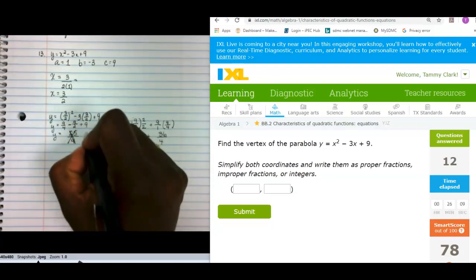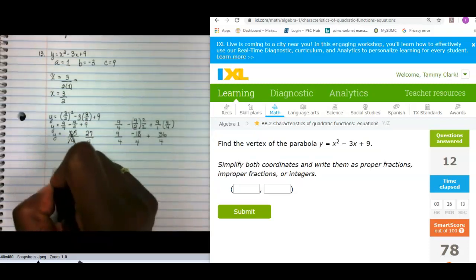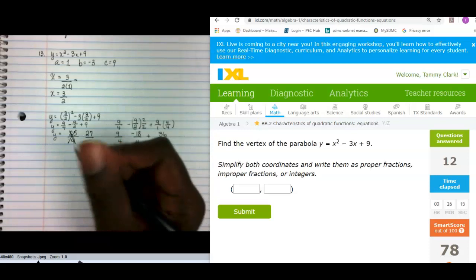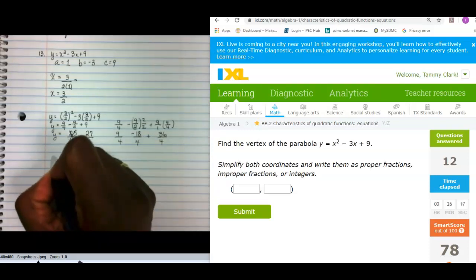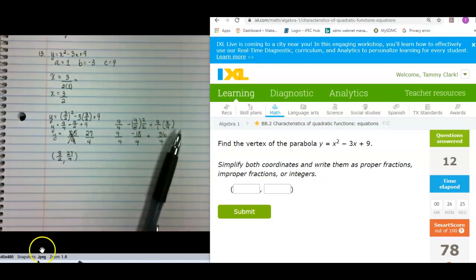That's wrong. It's 27 over 4. So, the vertex of the parabola would be 3 halves, comma, 27 over 4. And I'm going to write these in instead of changing.